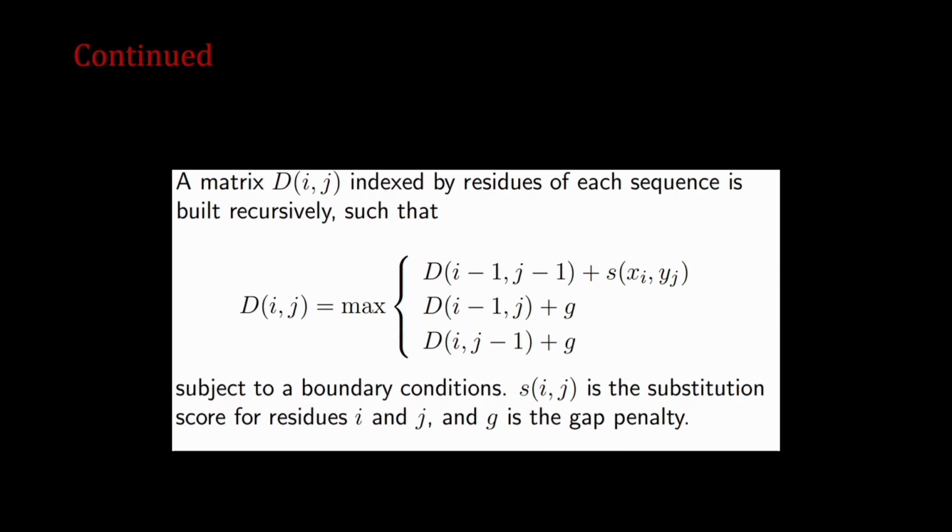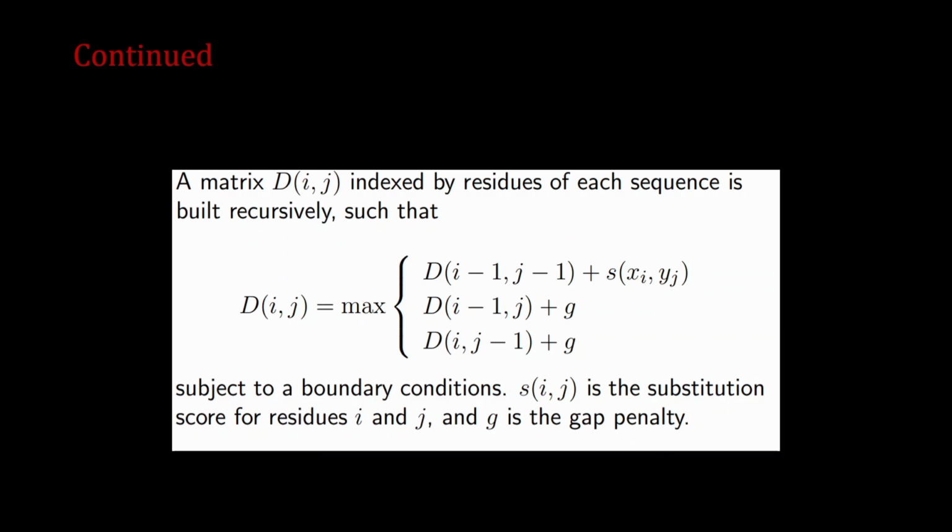A matrix indexed by the residues of each sequence is built recursively such that d(i,j) equals the max of d(i-1,j-1) plus s(xi,yi), or d(i-1,j) plus gap penalty, or d(i,j-1) plus gap penalty.